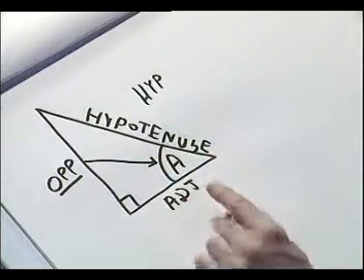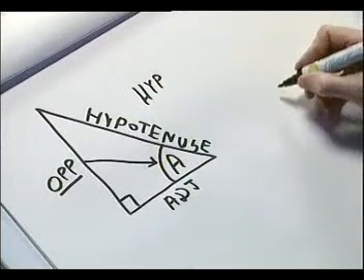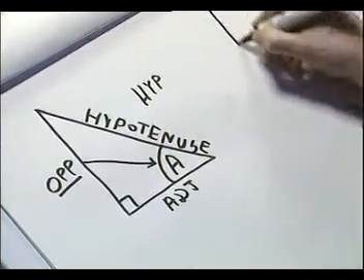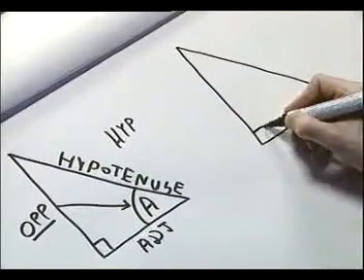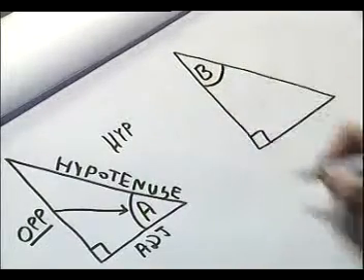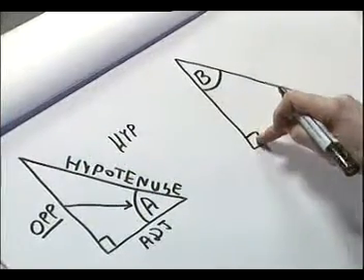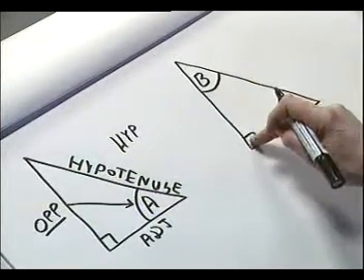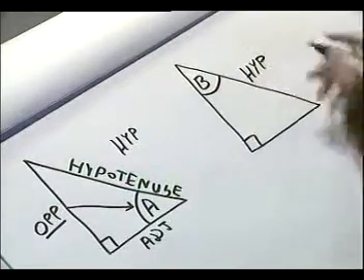If I take not this angle but that angle, then some things change. Let's draw the diagram again. This time let's focus on the angle B. This side is still the longest side and is still opposite the right angle, so it is still the hypotenuse.